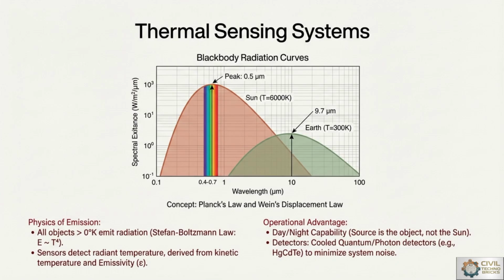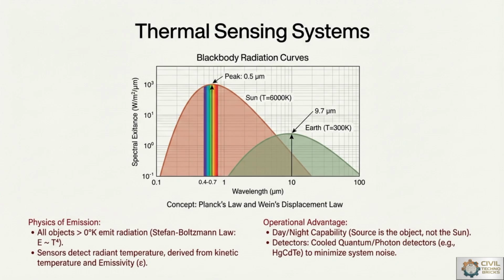The brown color curve shows the peak at 0.5 micrometer, but it gets tilted nearby to 0.1 micrometer wavelength, whereas the green color curve, which is exactly symmetrical with reference to the spectral exitance, peaks at 9.7 micrometer wavelength.